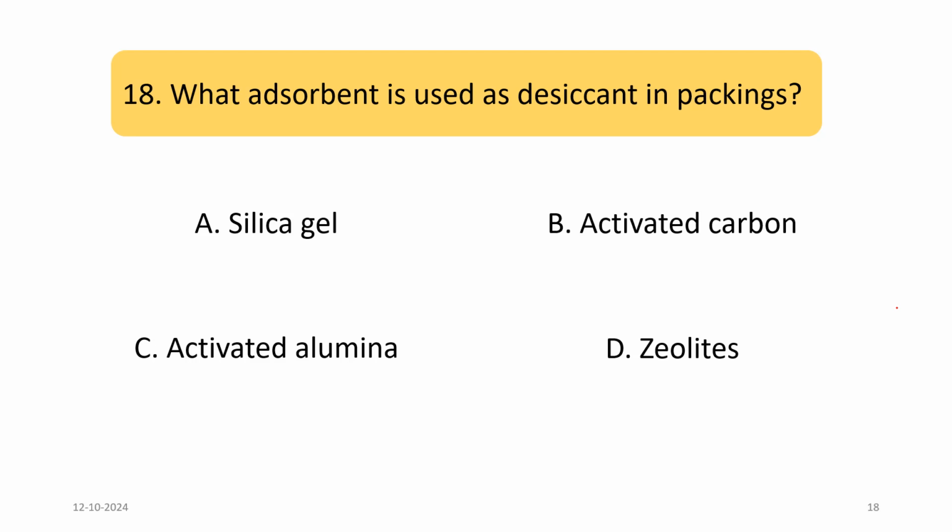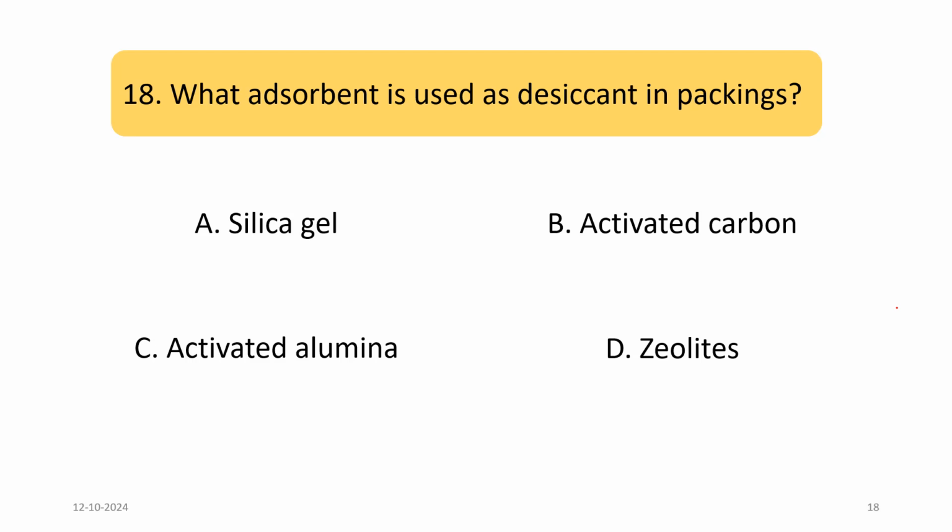So, what adsorbent is used as desiccant? The answer is activated alumina. Activated alumina is used. Okay.